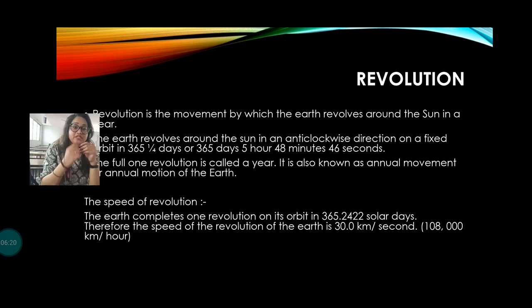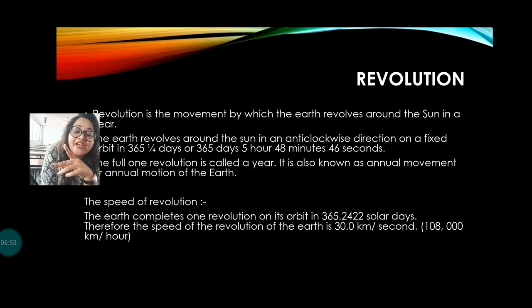Now we are going to discuss the next one, revolution. So what is revolution? Revolution means the movement of the Earth around the Sun on a fixed path. The Earth revolves around the Sun in an anti-clockwise direction on a fixed orbit, and it takes 365 and 1/4 days, that is 365 days, 5 hours, 48 minutes and 46 seconds.